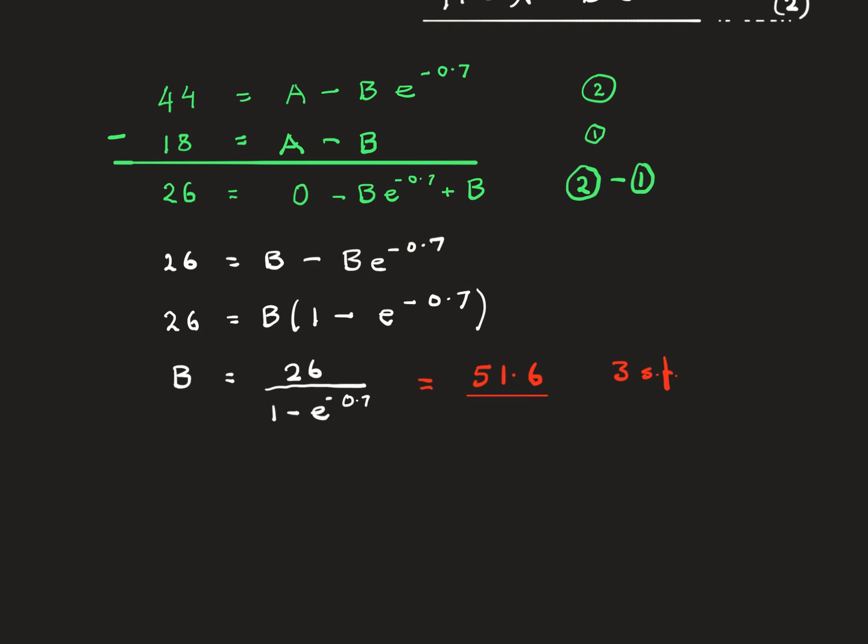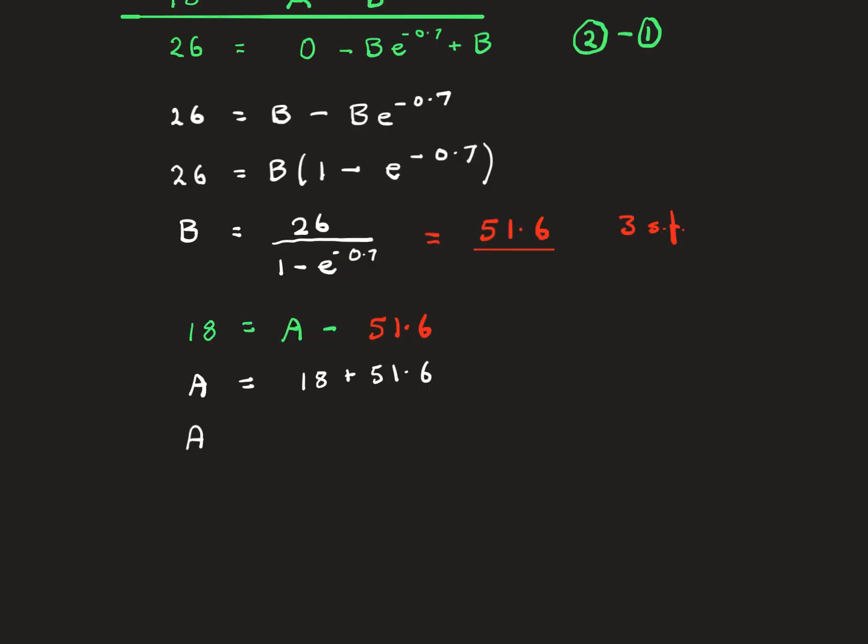From this we can calculate A from equation 1, which was 18 equals A minus B. Now we can substitute B to be 51.6, and A therefore will be 18 plus 51.6.